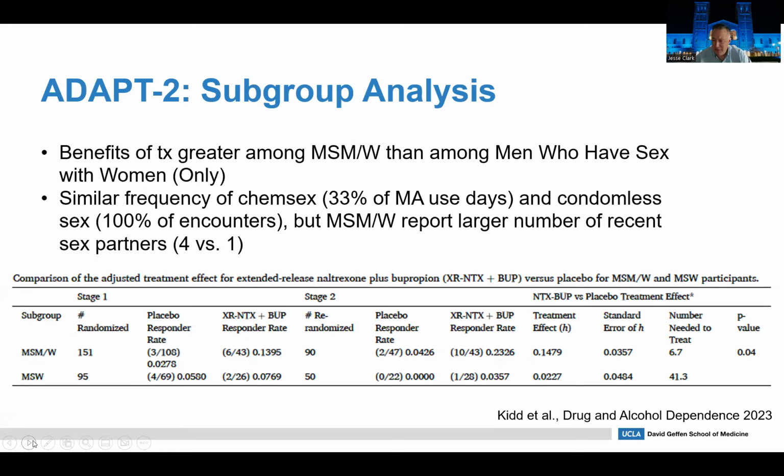So this raises a lot of interesting questions. Is there a qualitative difference in the way that the MSM in this cohort were using drugs in relation to sex that made them more receptive to treatment? Was there something about their frequency of use or their patterns of use?